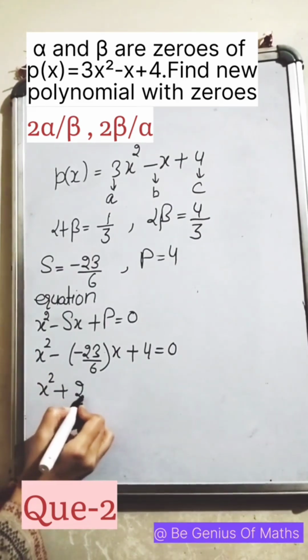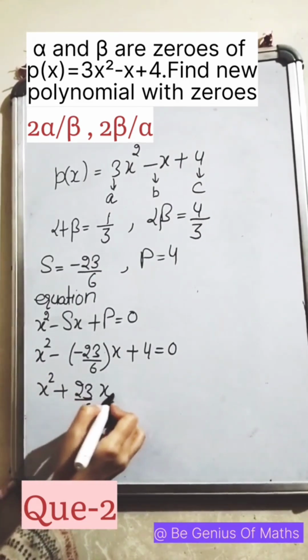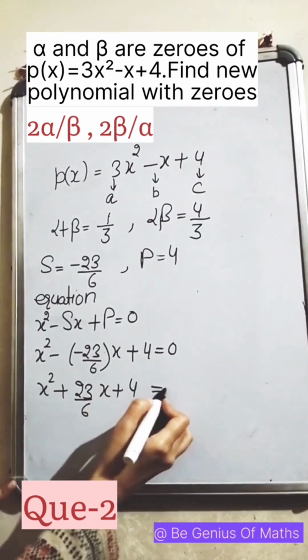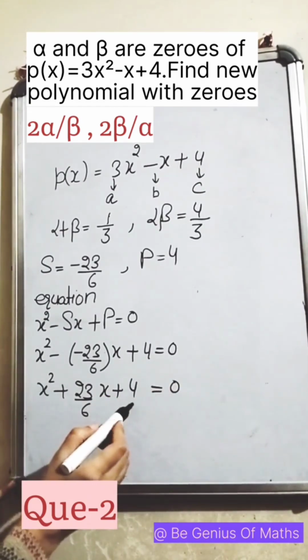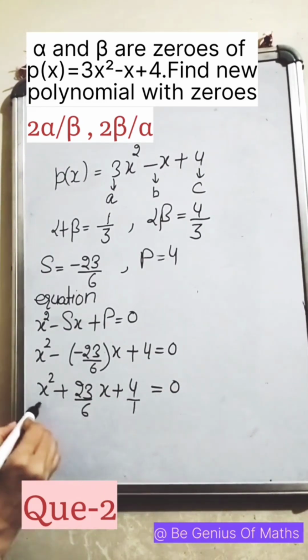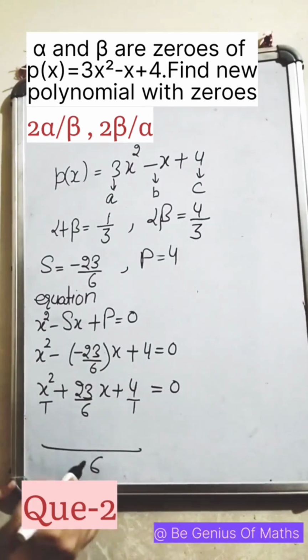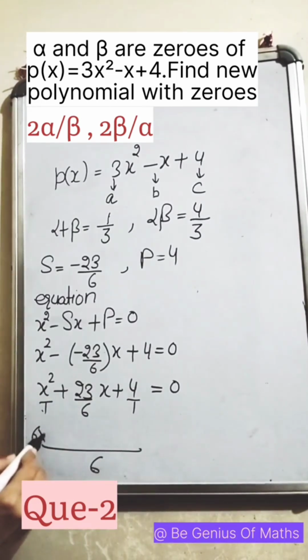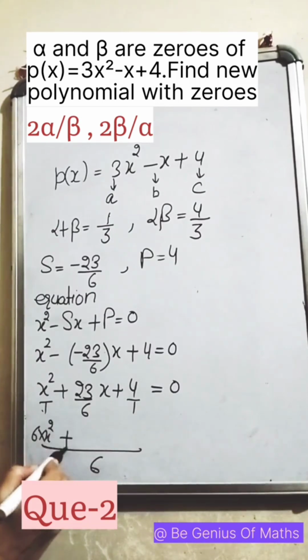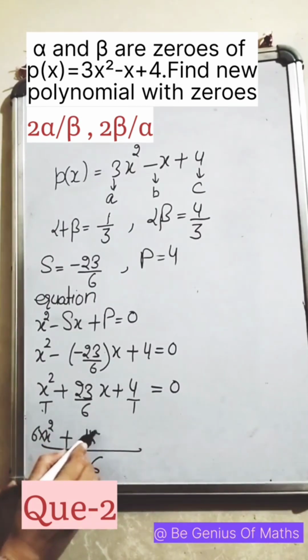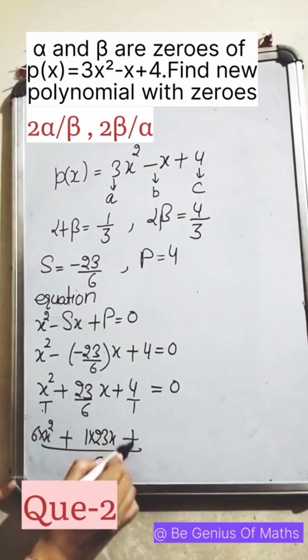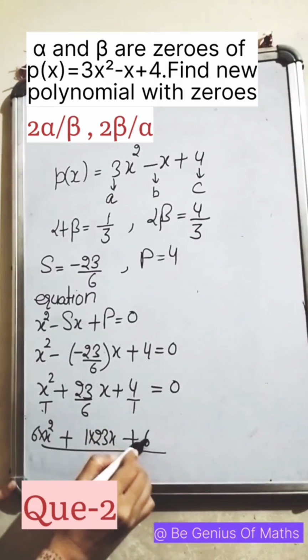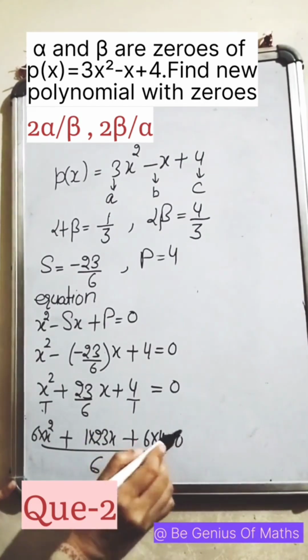Minus into minus is plus. So 23 by 6 x plus 4 equal to 0. Now by taking LCM 6, 6 multiplied by x square. 6 divided by 6 is 1, multiplied by 23x. 6 divided by 1 is 6, multiplied by 4, equal to 0.